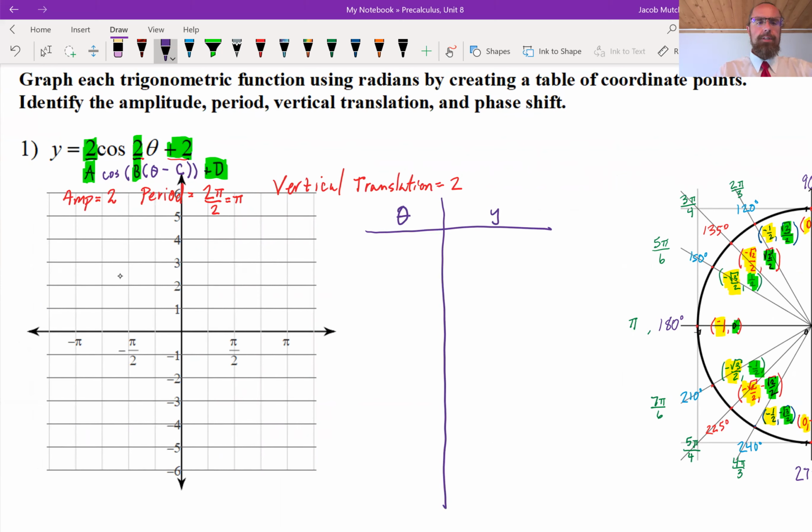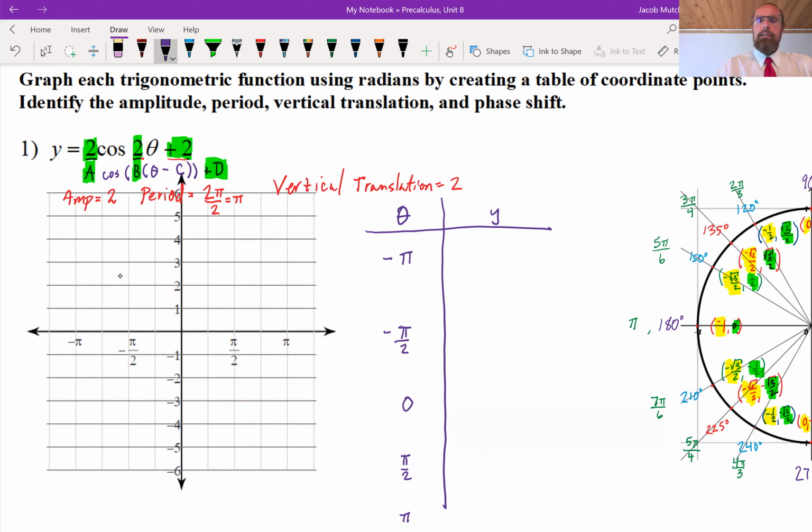And I see for this graph, we have from negative pi to pi. So that's how we'll deal with this. So negative pi. Let's see what we've got. I'm just going to put the ones that are marked here: negative pi over 2, 0, pi over 2, and pi.